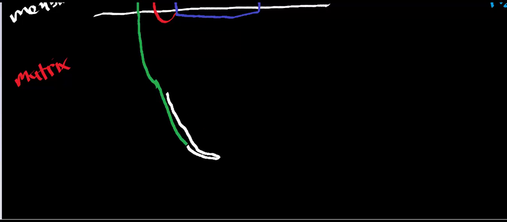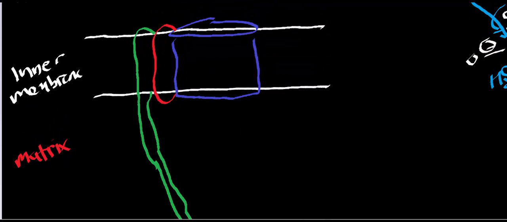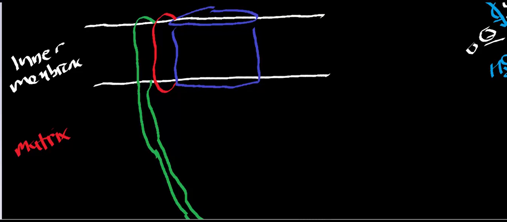Well, what did I just do? I think I changed the color. But anyways, the F sub 0 subunit is the part that's really in the membrane of the mitochondria, and that's the inner membrane.